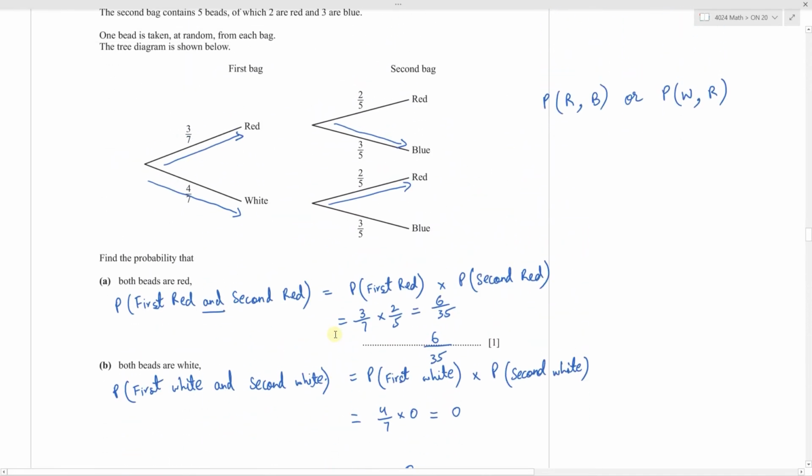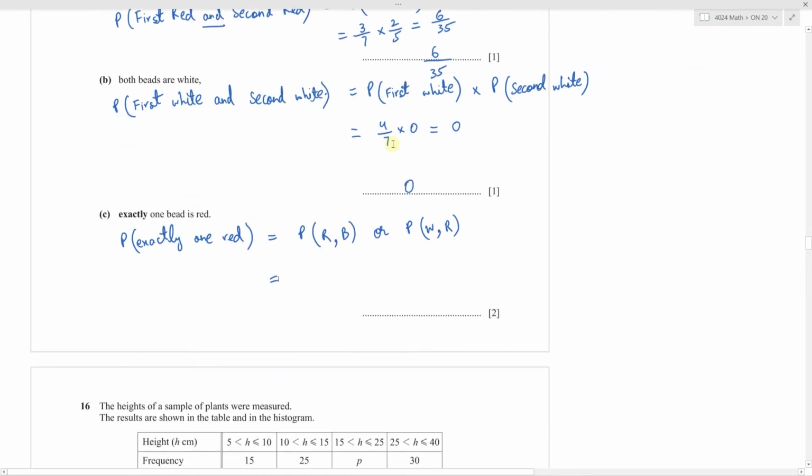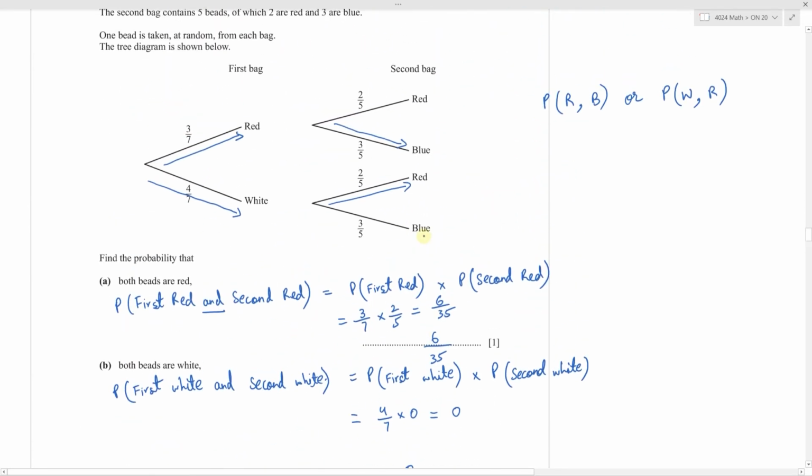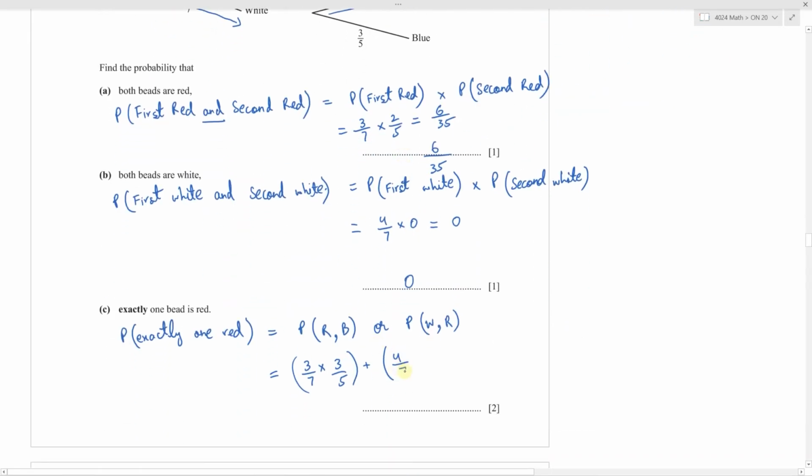So red and blue is 3 by 7 multiplied by 3 by 5, or, which means add, probability of white and then red: 4 by 7 multiplied by 2 by 5. So this is 9 over 35 plus 8 over 35, which is 17 over 35. This will be your final answer, 17 over 35.